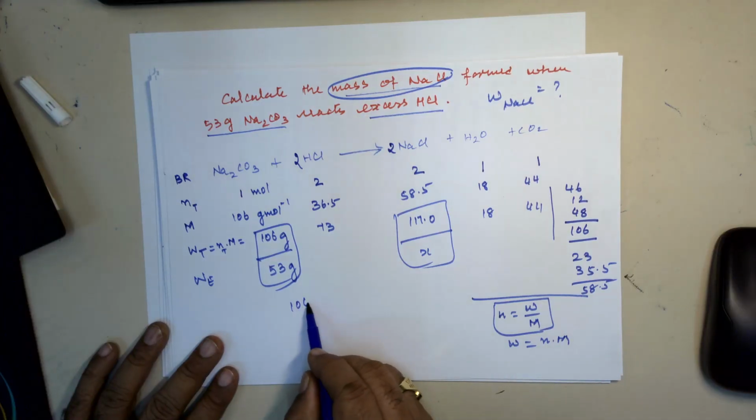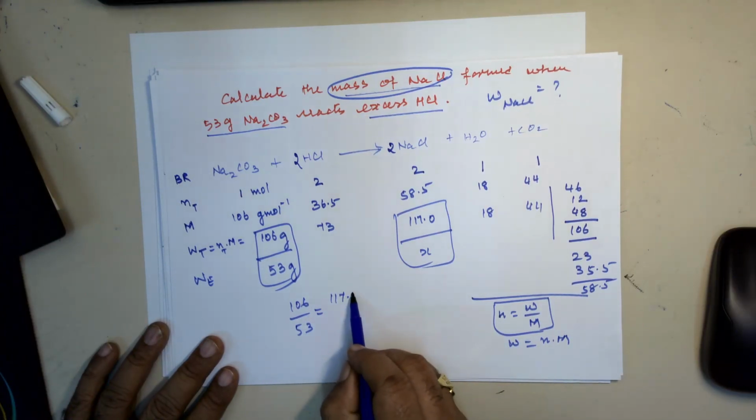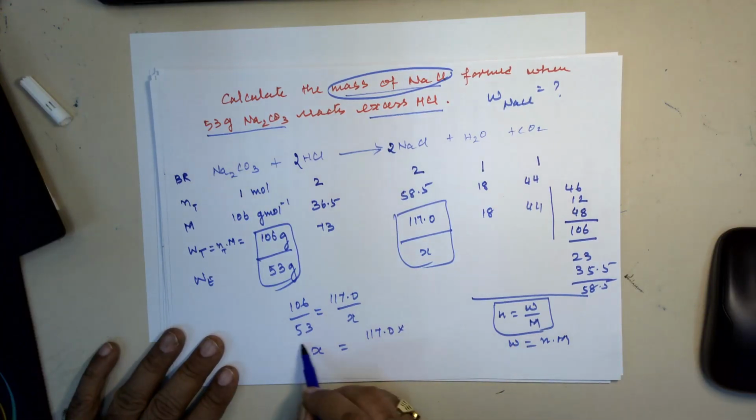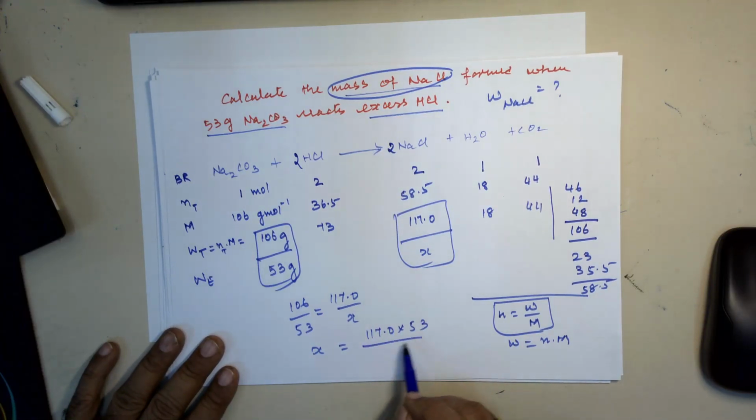This is called mass ratio. So 106 divided by 53 is equal to 117.0 divided by X. So you can cross multiply. So X is equal to 117.0 into 53 divided by 106, right?